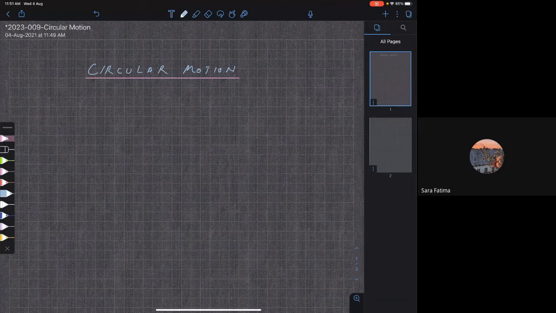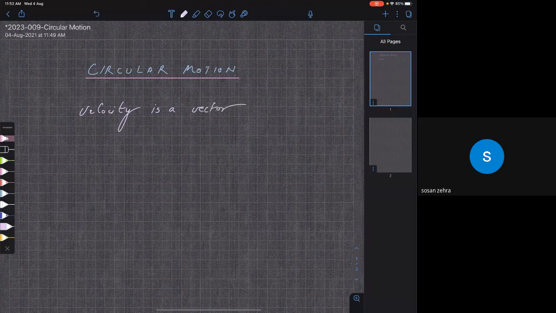Now before going into circular motion, I want to ask you one thing. Is velocity a vector or scalar? Vector, sir. So velocity is a vector. So the change in velocity can be done.